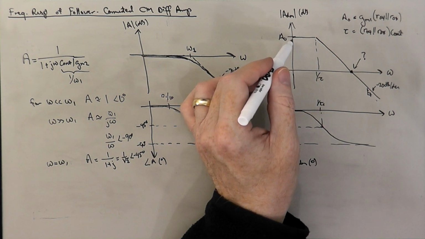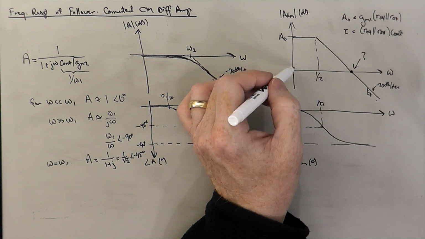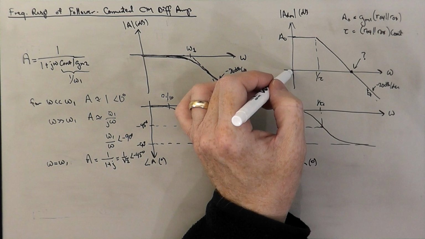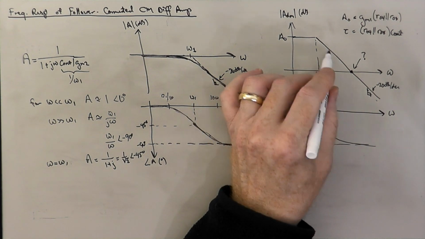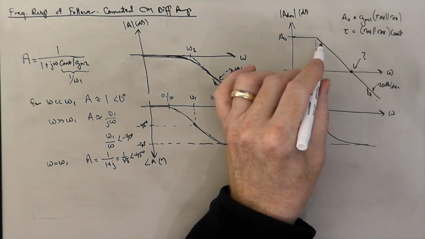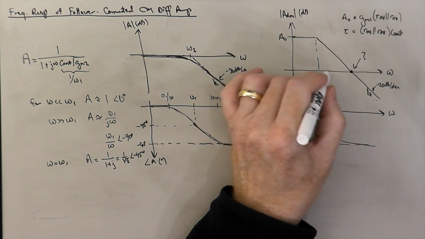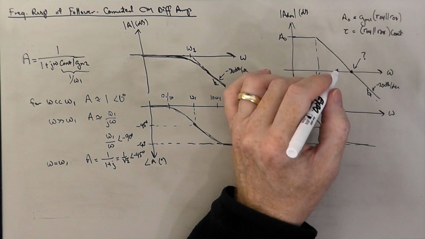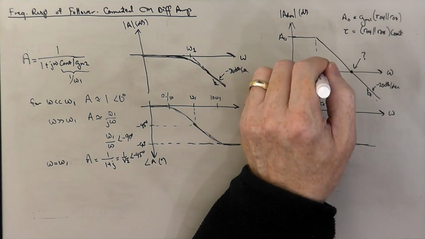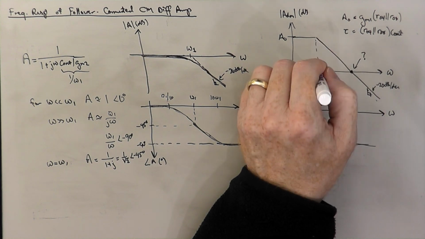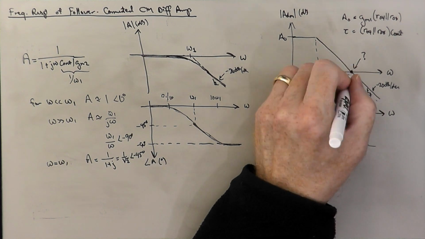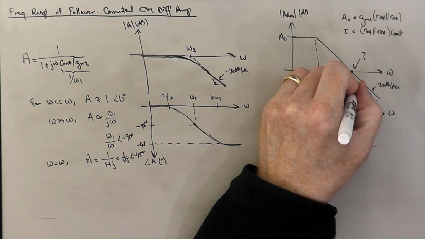And so the ratio of the gains between here and the 0 dB line is A0. And that means since these two points are on this line of slope minus 20 dB per decade, the ratio of these two frequencies should be the same as the ratio of these two gains, which means that this frequency should be A0 over tau.